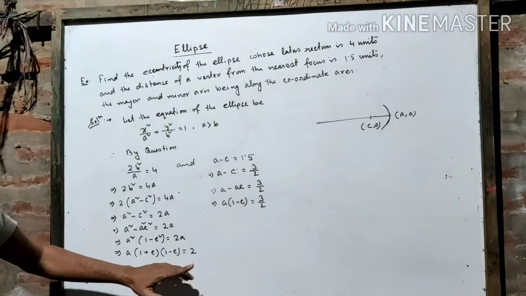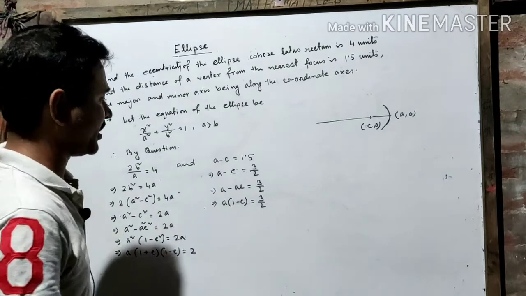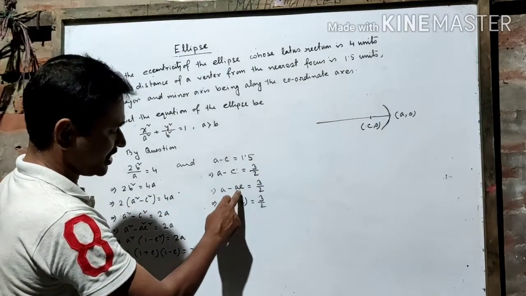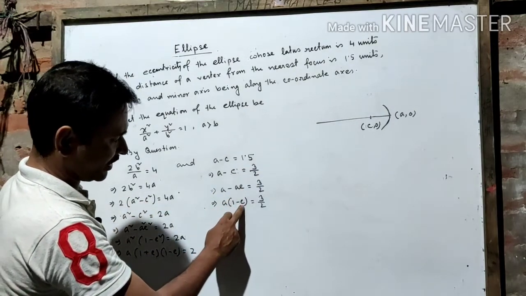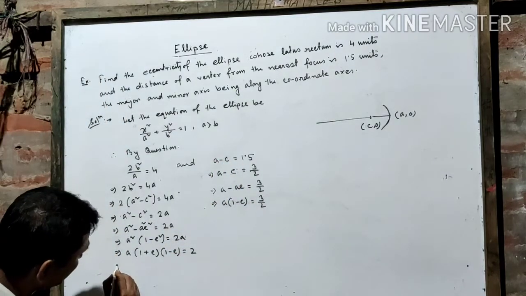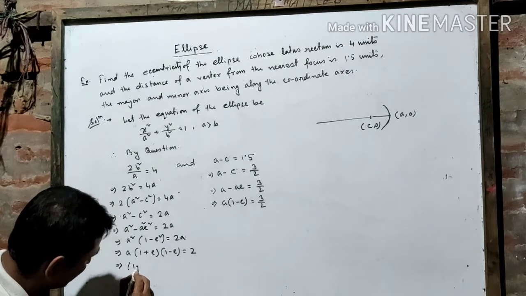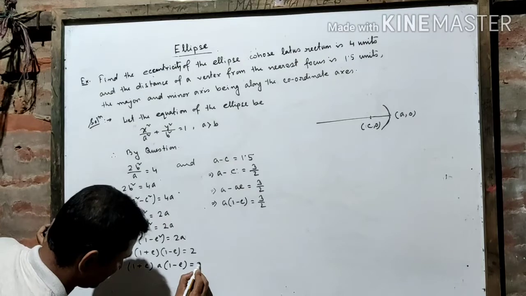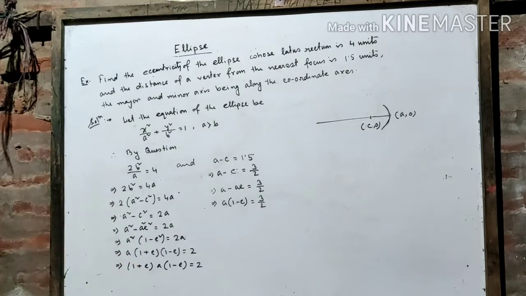We leave it here. Then from here, a minus c is equal to 1.5, a minus c is equal to 3 by 2, c is ae. So a into 1 minus e is equal to 3 by 2. We will use this value here. This implies 1 plus e into a into 1 minus e is equal to 2. A into 1 minus e is 3 by 2. So this will imply 1 plus e into 3 by 2 is equal to 2.